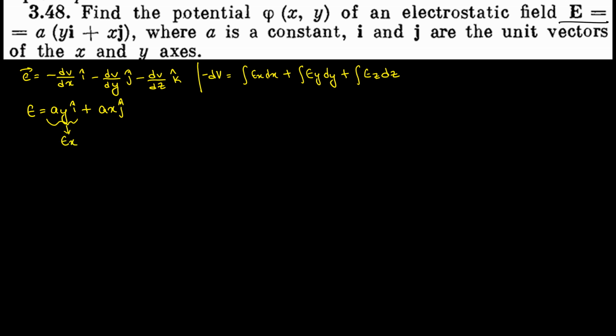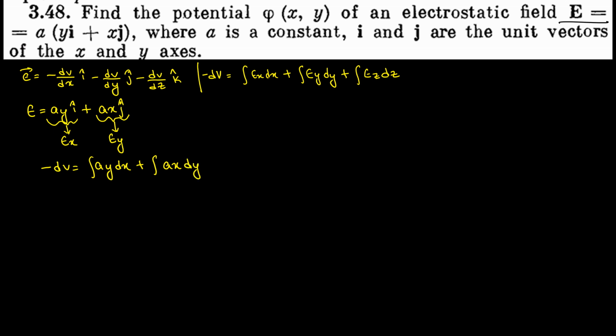Anything associated with i is nothing but the x component of electric field, and anything associated with j is the y component. So if I want to find the potential, I have to use this formula: minus dV is equal to Ex dx plus Ey dy, that is Ay dx plus Ax dy.